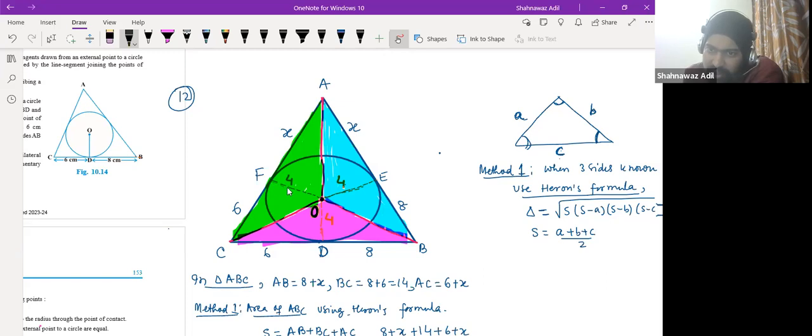This is the perpendicular, right? And the base is AC. AC is base, and this is the perpendicular OF. Then what would be the area of AOC?